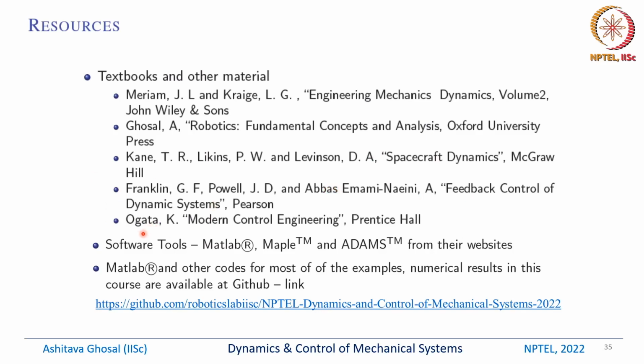And then there is the very well-known book on modern control engineering by Ogata. Some of the concepts are explained in this book very well. So if anybody is interested in going much deeper, I would urge you to take a look at Franklin, Powell and Emami-Naeini or Ogata for control examples.